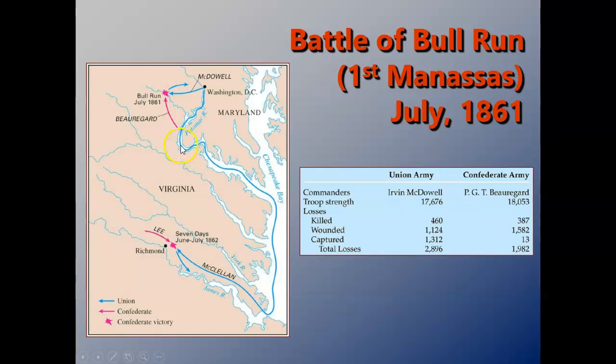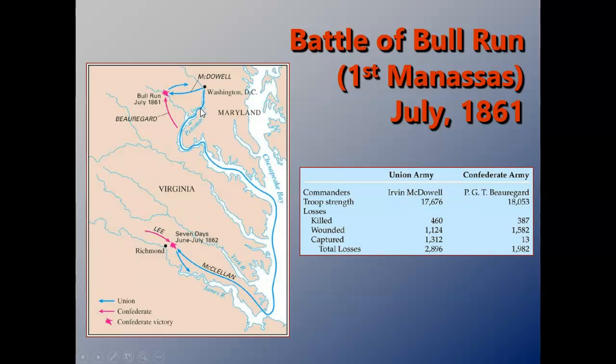There were some Confederate movements here, and the Union Army will move to intercept. McDowell runs an army out here to fight Beauregard, P.G.T. Beauregard, and the first Battle of Bull Run takes place.